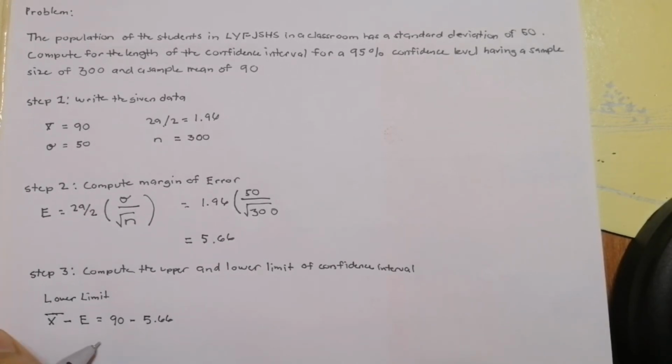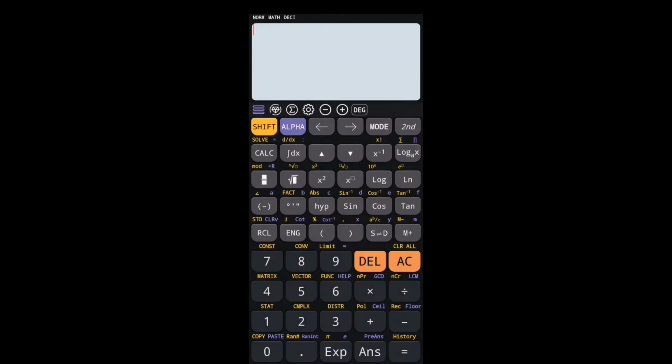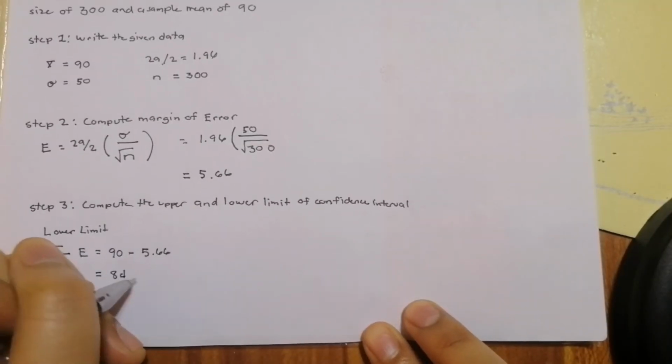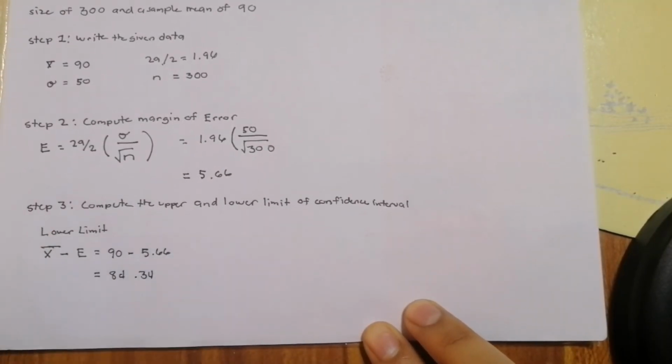And then we will use the scientific calculator to compute it. 90 minus 5.66 equals 84.34.